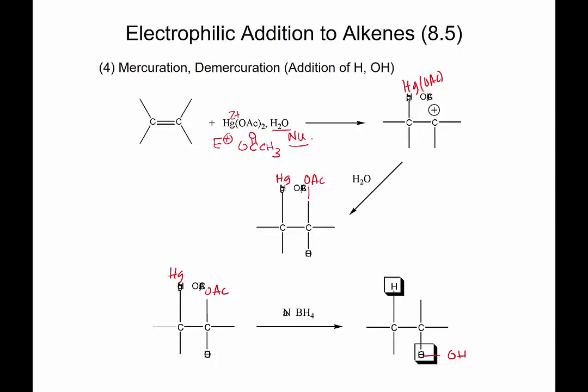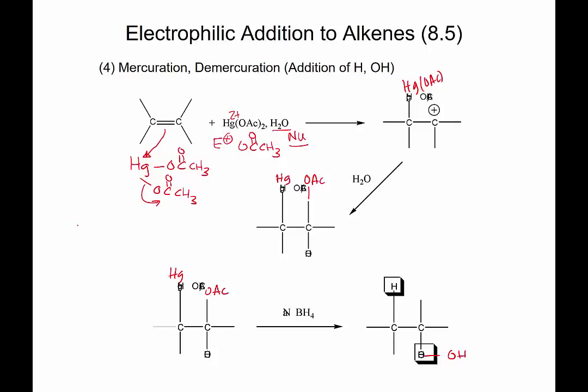We can think of this reaction happening like this. There's the mercury ion, attached to 2 acetates as counterions. We can think of this as an Hg acetate plus, because if I lose 1 acetate, I get a +1 ion. Or we can take this double bond, bring its electrons to bond the mercury, and kick off an acetate group as a leaving group.